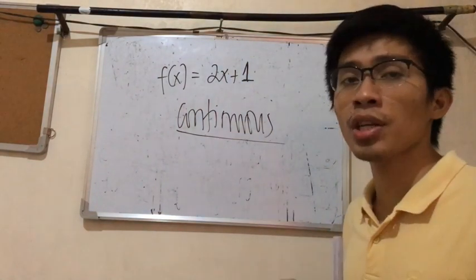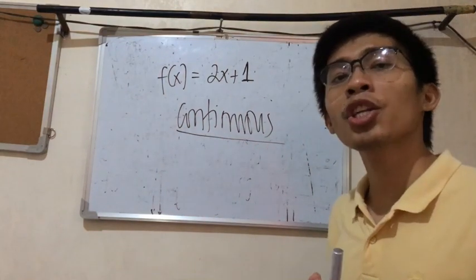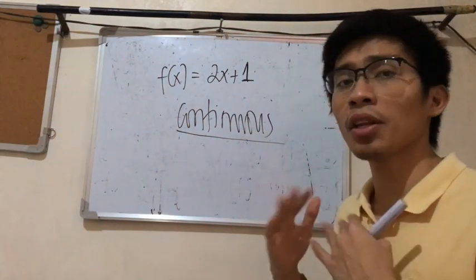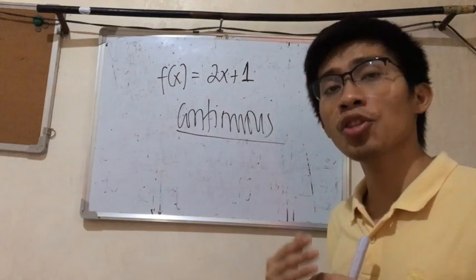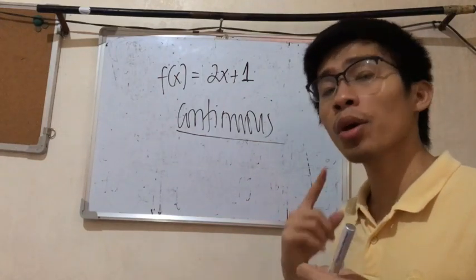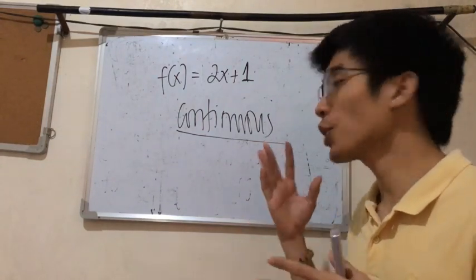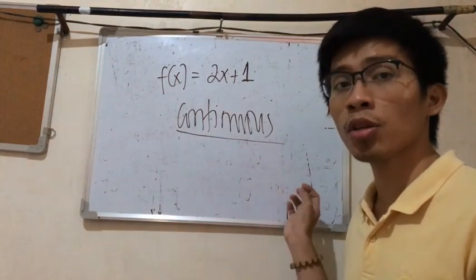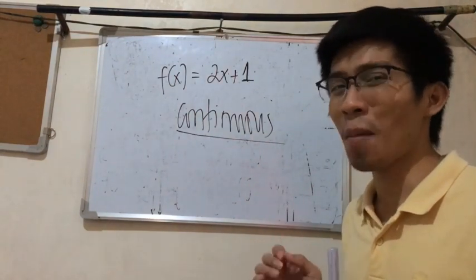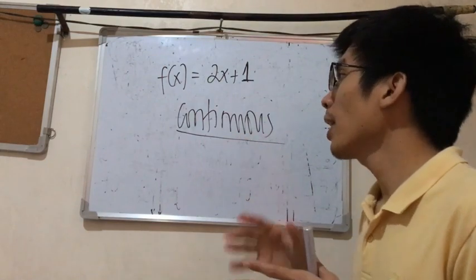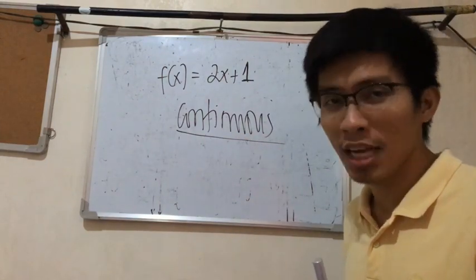Again, the function is continuous. In short, the function is defined in all values of x and it doesn't commit a hole or a break or a gap. Once you draw that one, you can draw it continuously without jumping. Okay? In short, this function is continuous.